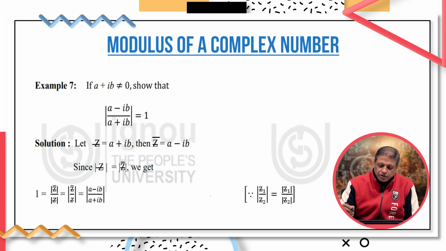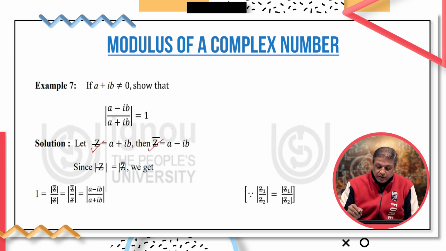A question is given here: say a plus ib is not equal to 0, show that the modulus of a minus ib upon a plus ib is equal to 1. Now, say complex number z is equal to a plus ib, then its conjugate will be z bar equal to a minus ib.